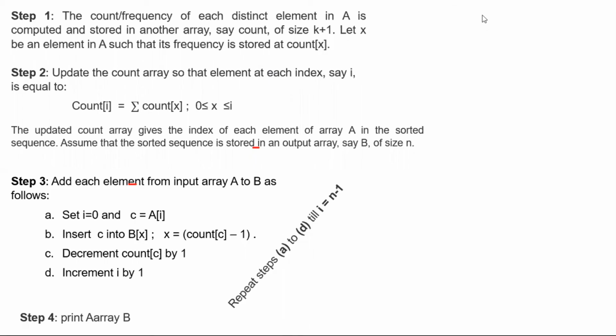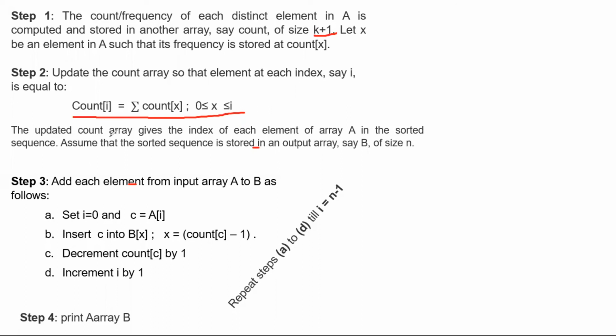Now it's very easy for you to follow the steps. We create a count array of size k plus 1. Then we compute the frequency of each element in the input array in the corresponding count. We update the count array. This is the modified count array, made by summing the current element with the previous sum, as in the Fibonacci series.